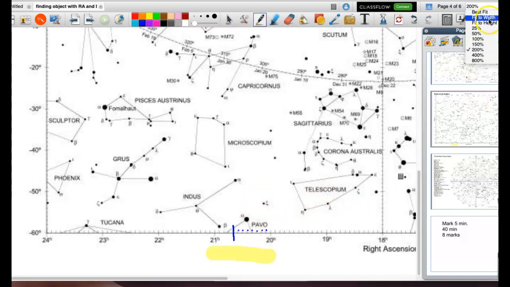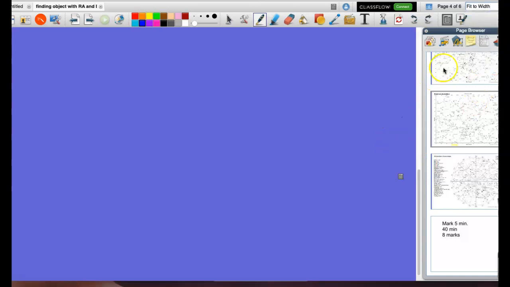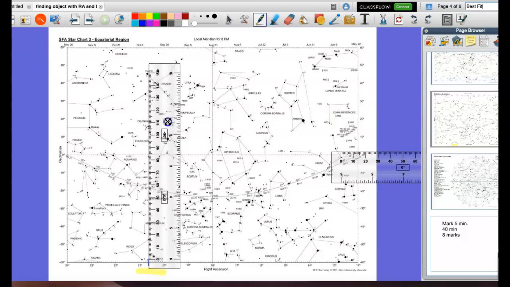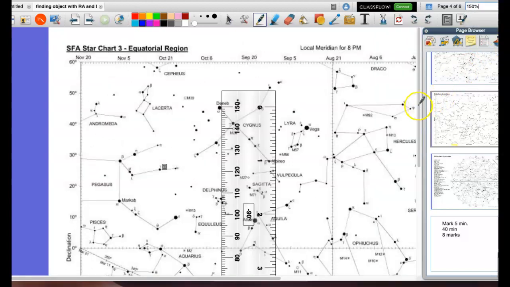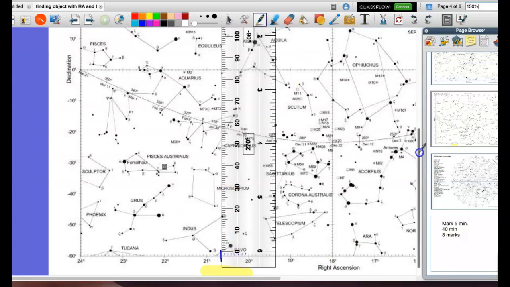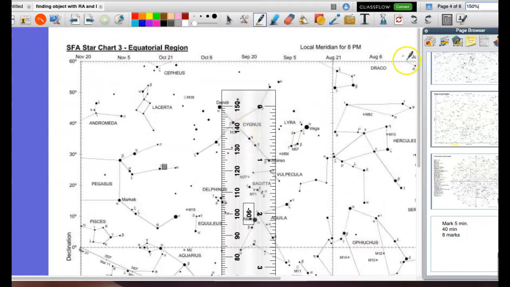I've got a ruler, so I'm going to go back here and grab my vertical ruler and line it up right on that mark. There we are. Let me zoom in a little more to make sure we're lined up right on that mark. That's pretty good right there. So my ruler lines up right there.